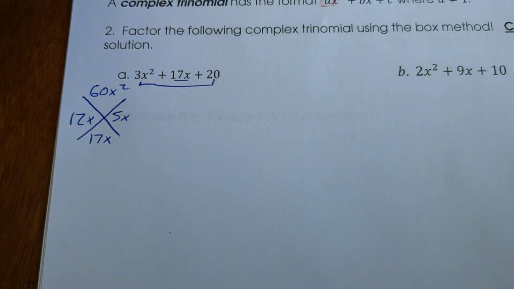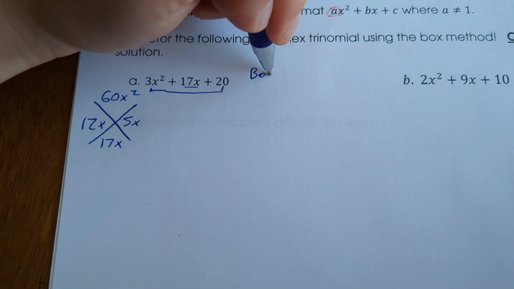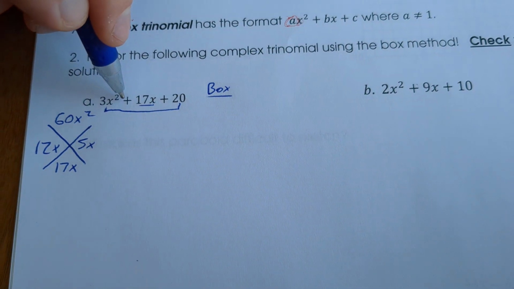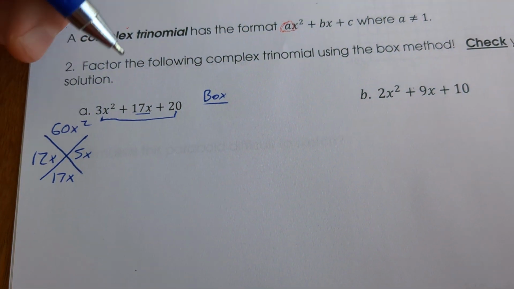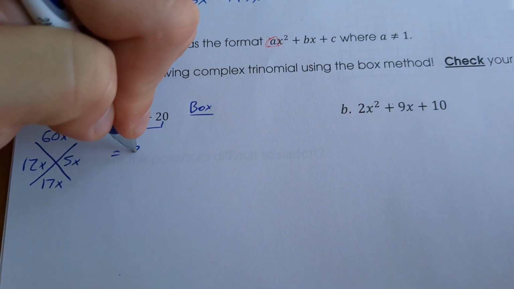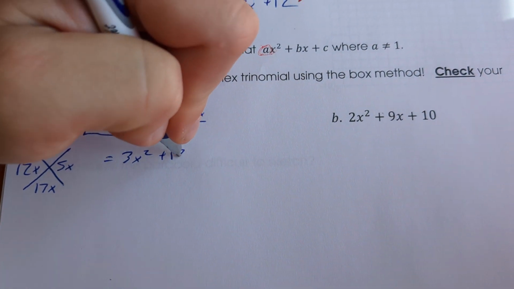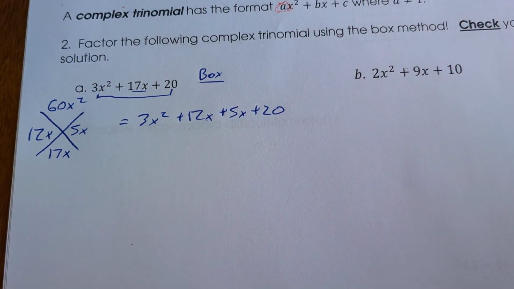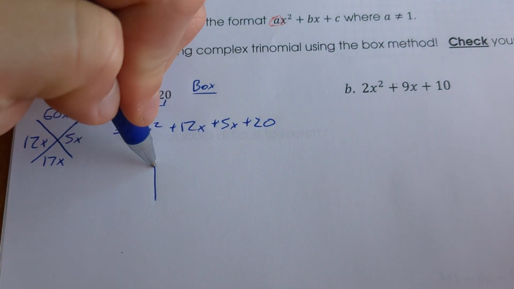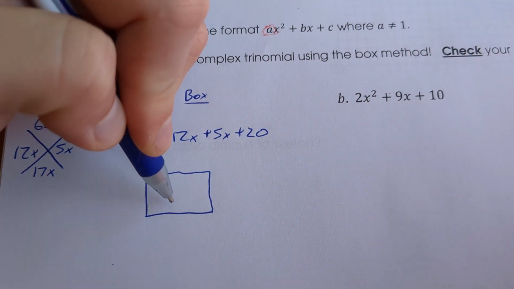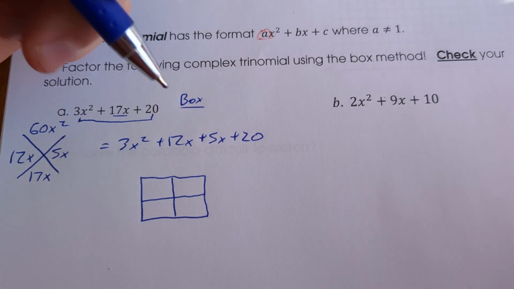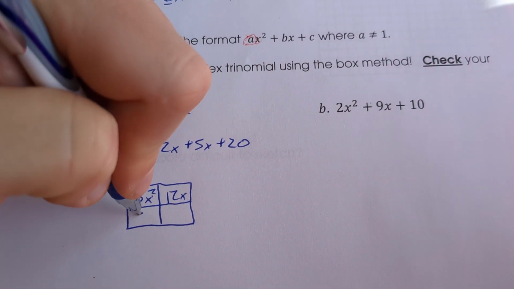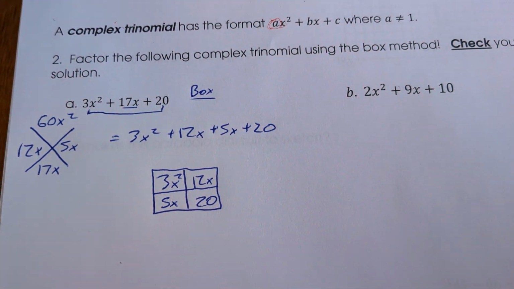We're going to use the box method as well. So now I rewrite the original equation, but replace 17x with these two terms. So we have 3x squared plus 12x plus 5x plus 20, and we put that into the box: 3x squared, 12x, 5x, and 20.